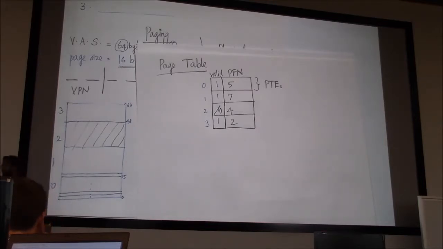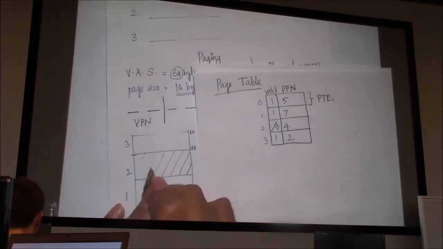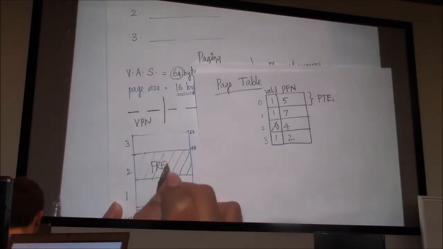If it is valid, then that particular virtual page has some code or data or stack or heap, and it is currently in the physical memory, occupying some space.